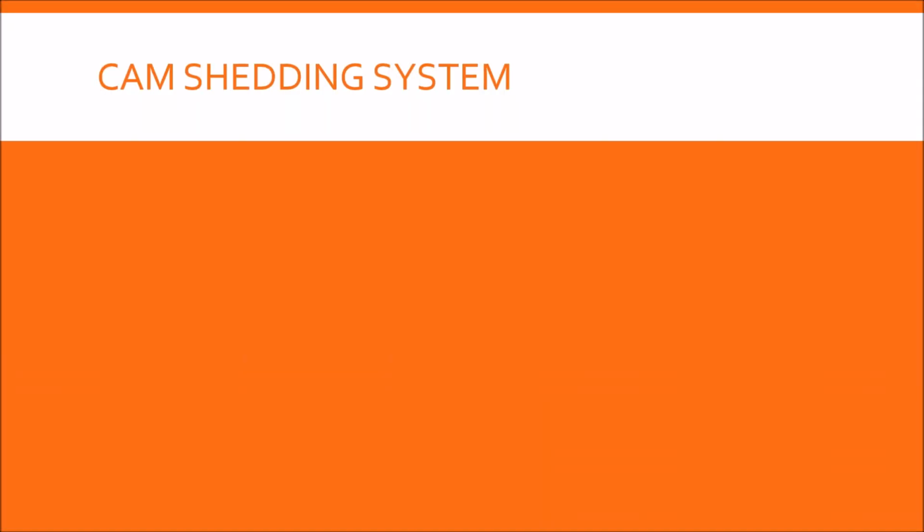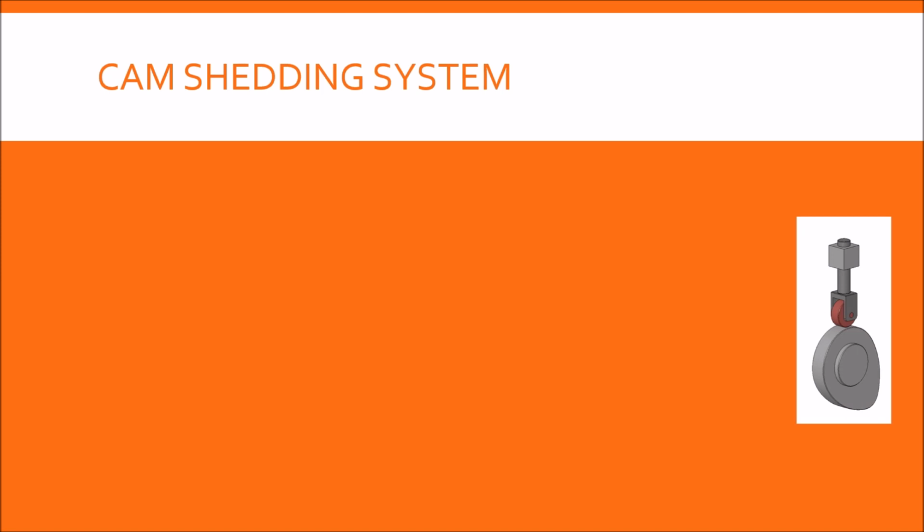In this slide I want to mention, students, about limitation of cam shedding system. For this I want to show you how cam works. Cam basically is an eccentric disc. This eccentric disc has a very special kind of profile, outer surface.